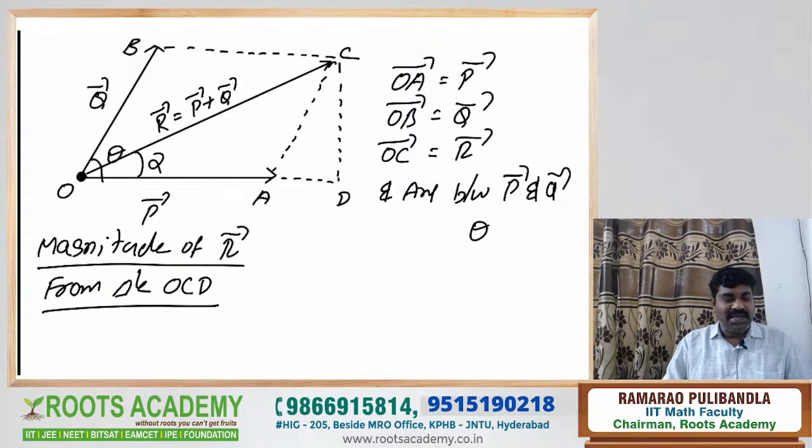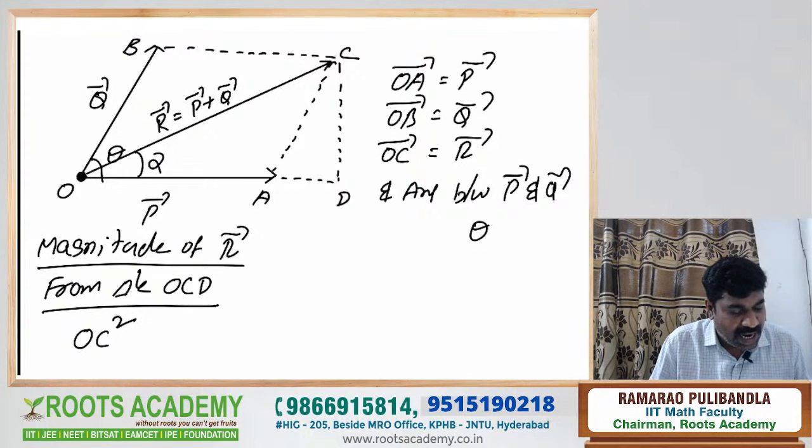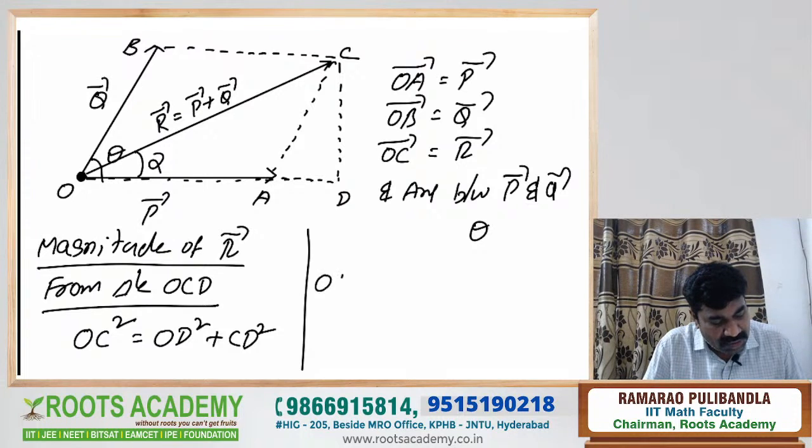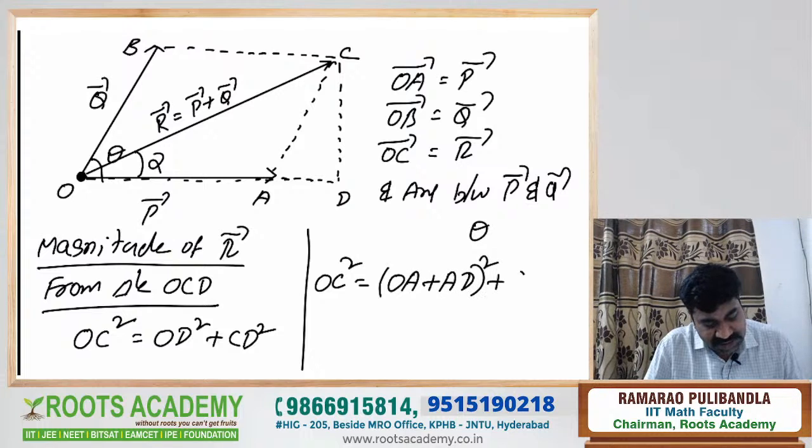In the right angle triangle OCD, OC represents R. Hypotenuse square is equal to base OD square plus CD square. OD is not a single line. OA plus AD is the OD, so that OC square is equal to OA plus AD whole square plus CD square.